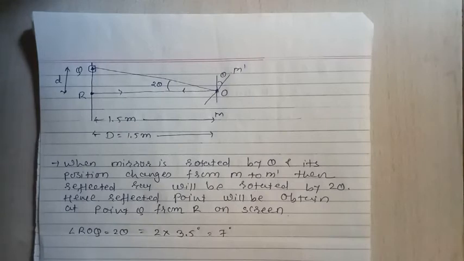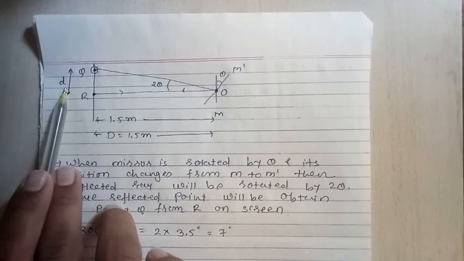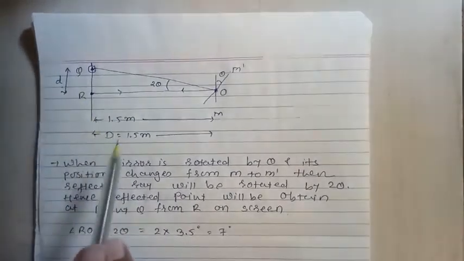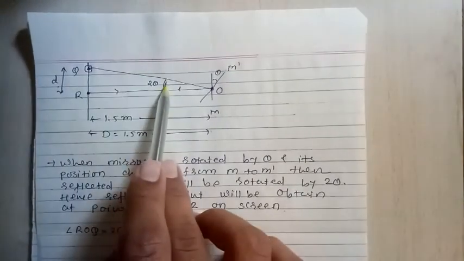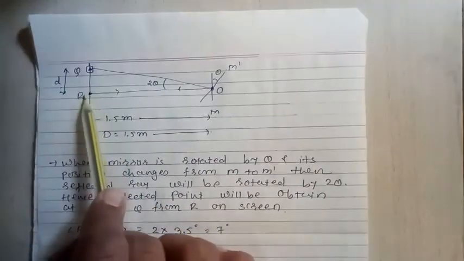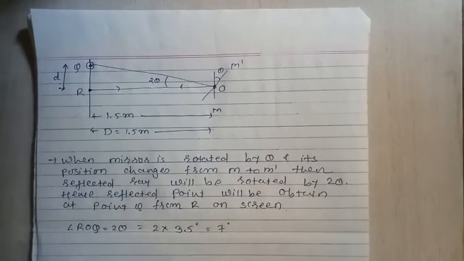The displacement is Q from R, which is denoted by small d. So we have to find out small d here. Capital D is known. Here the angle 2 theta is 7 degree. So here this is the opposite side and this is the adjacent side. So once again we use tan.